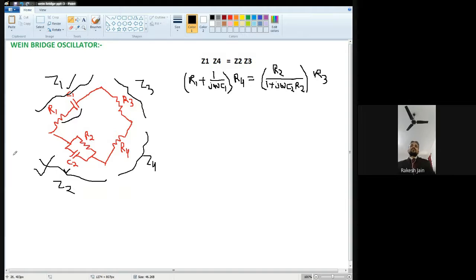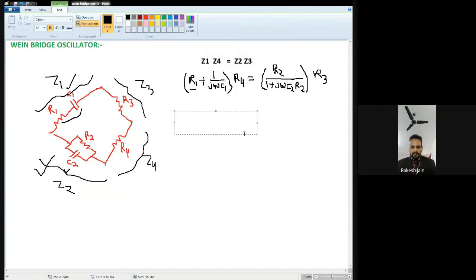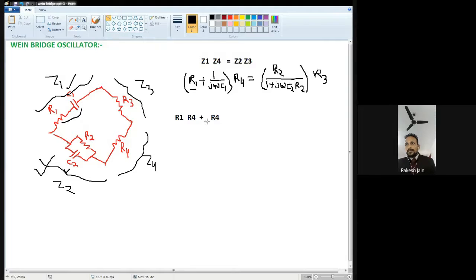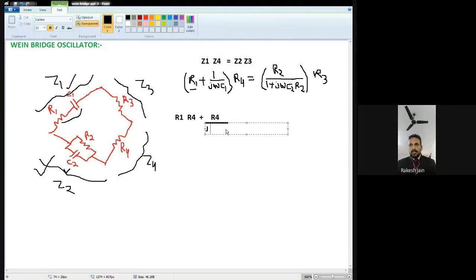Okay, so now we have to multiply. This R1 will be multiplied by R4, so we get R1 R4, then plus this 1 upon j omega C1 will be multiplied by R4, so it will be equal to R4 divided by j omega C1. Instead of W, you should consider it as omega, because I am typing from the keyboard.